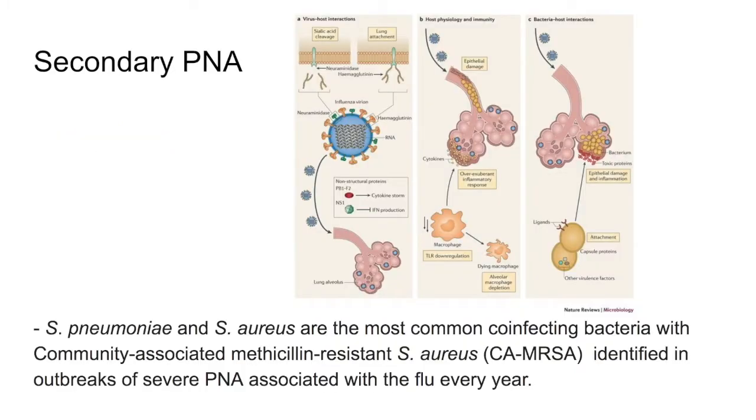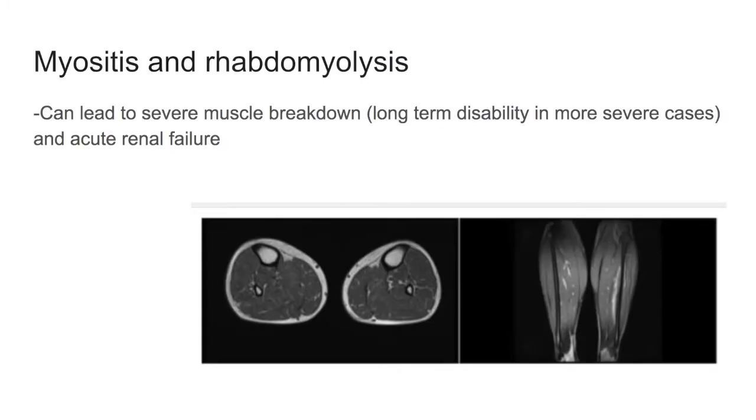I think I talked about most of the things. So the next thing I wanted to talk about was one of the main complications that can happen. This is more rare: myositis. From a lot of our influenza patients, we get the history of myalgias. It's an important clue to us that it's not just a URI type of virus, it's influenza, right? But myalgia sometimes can be a little bit more complicated with influenza.